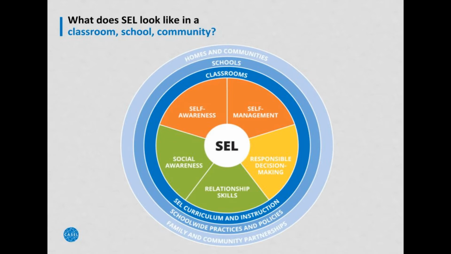The reason these are in different colors is because they're different kinds of competencies. For example, self-awareness and self-management are what are called internal competencies. These are competencies that are really hard to teach. They're more facilitated. They're more something that you support another person or student in finding and developing inside themselves.